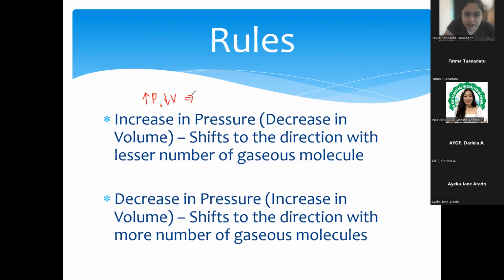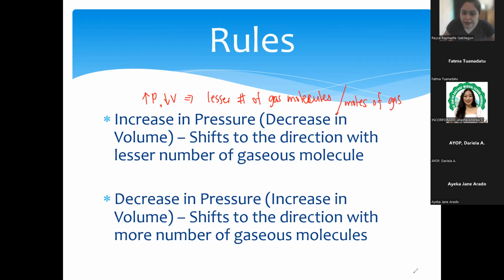Saan daw mag-shift yung direction of the reaction? To the side wherein there is lesser number of gas molecules or moles of gas molecules. Okay? So parehas lang yan siya ha, gas molecules or moles of gas.